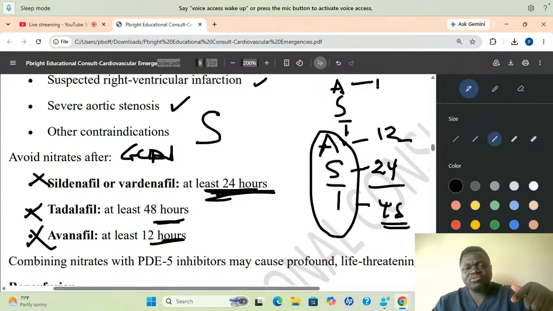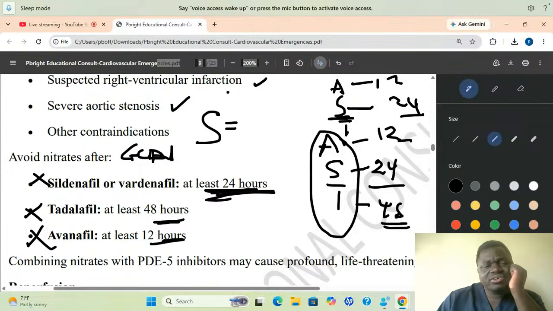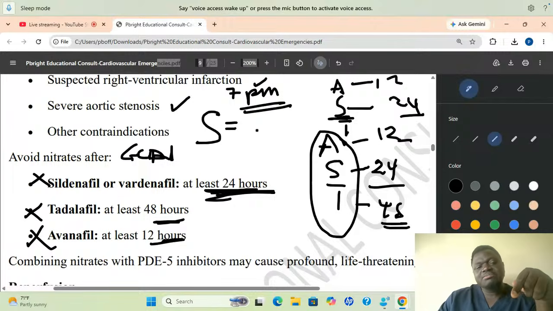I work 12 hours times 2 is 24. It's a game of times 2 of 12s. So sildenafil is 24 hours. What time did you take your sildenafil? I took my sildenafil at 7 p.m. yesterday night. The patient came at 6 a.m.